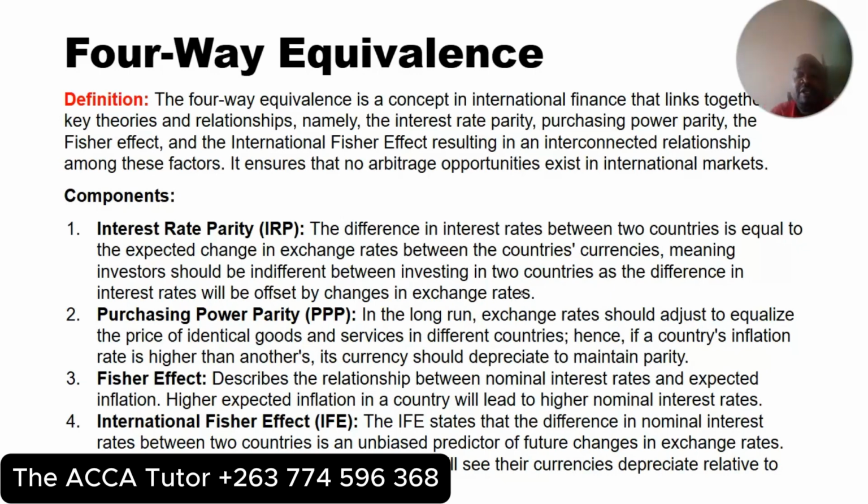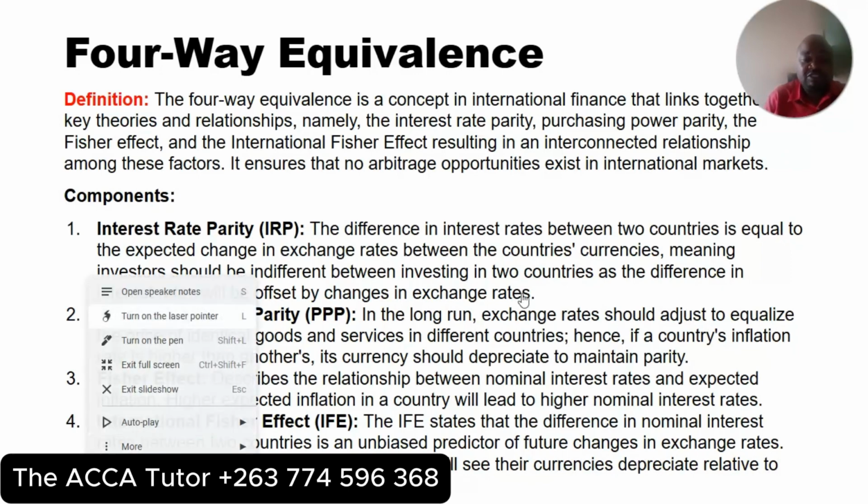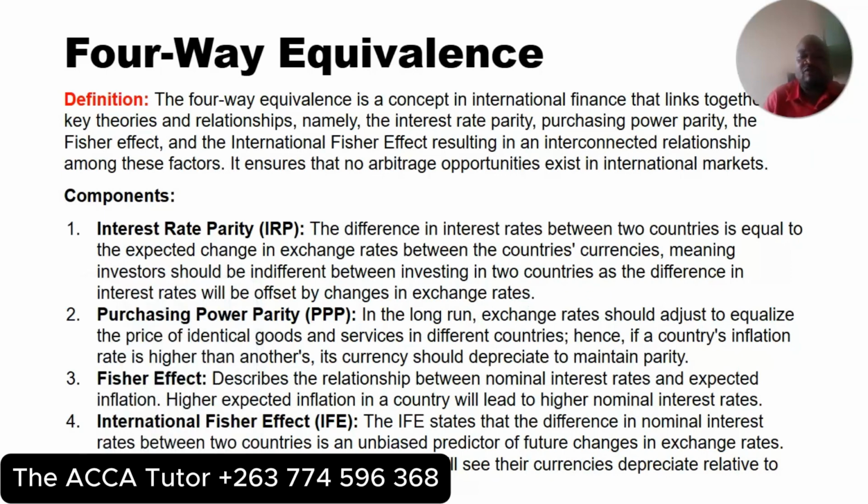Okay, ladies and gentlemen, if you're still with me this far, then I must congratulate you for your patience and your zeal to understand these things. So far we've covered a lot of things, the major causes of exchange rate fluctuations. We have talked of the balance of payments, the purchasing power parity theory, the interest rate parity theory.